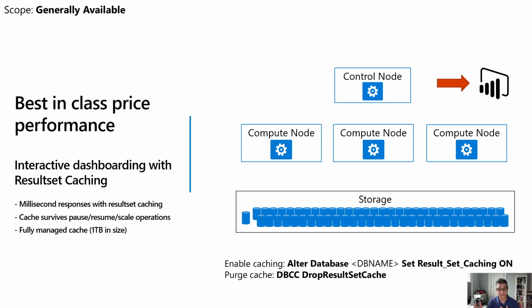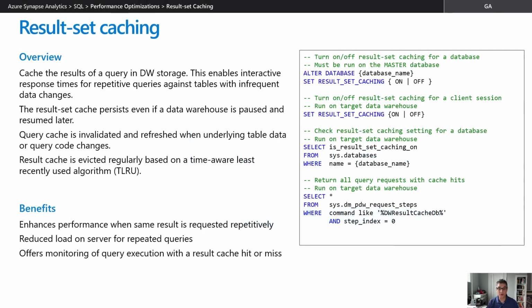But outside of that, if you have end users who are submitting similar queries, it's going to go into the cache, and you're going to get millisecond response time when it pulls the data out of the cache. By default it's off, so you want to turn it on. And once you do that, you'll immediately start seeing the huge performance benefits after the first time the query is run.